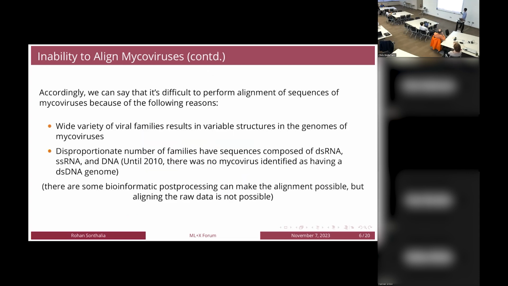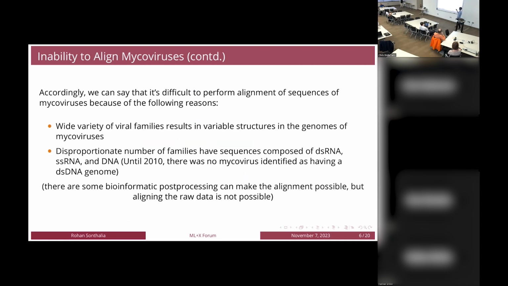So, continuing on the topic of inability to align mycoviruses, as we noticed in the previous diagram, there is a wide variety of families of mycoviruses. Therefore, it results in large variable structures in their genomes, again, which results in an inability to align them.